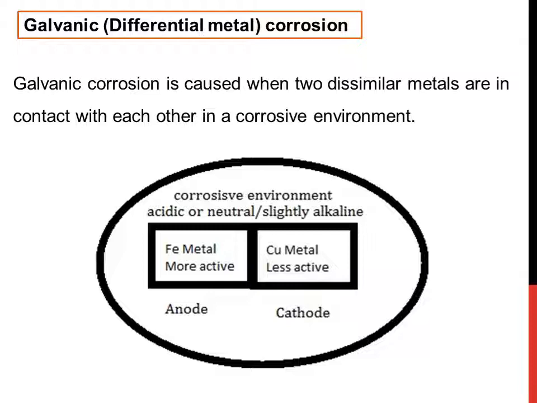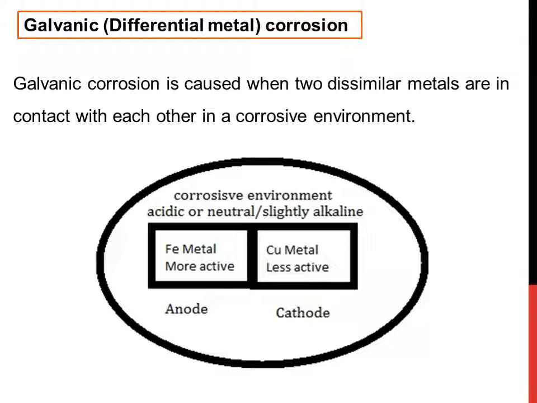So the metal placed higher in the galvanic series forms the anode and gets corroded, and copper with higher electrochemical potential acts as the cathode and is protected. The metal with lower electrode potential will be destroyed rapidly compared to the metal with higher electrode potential.